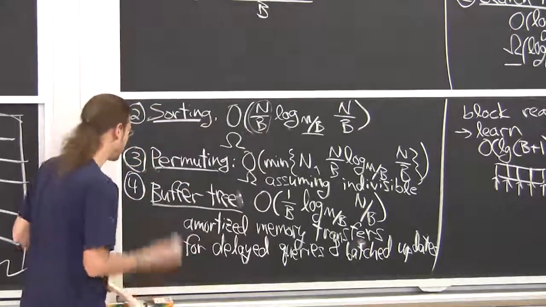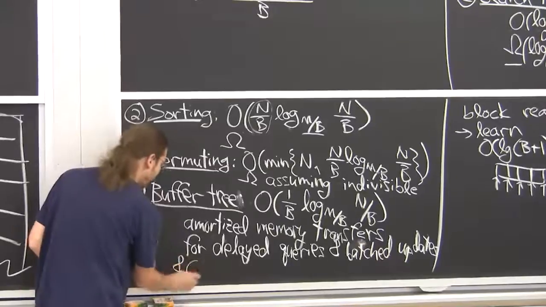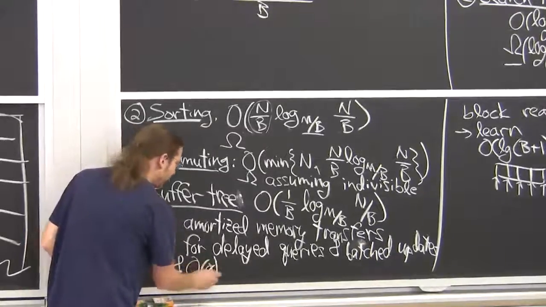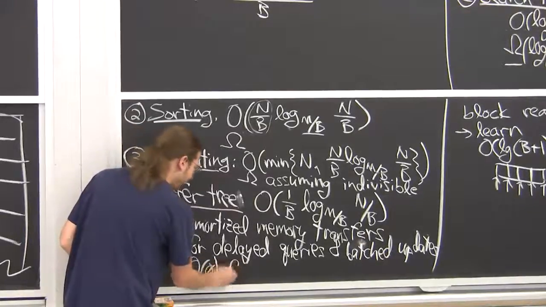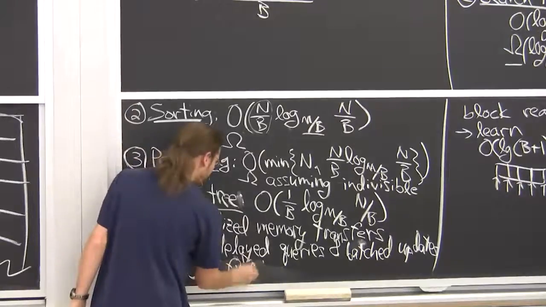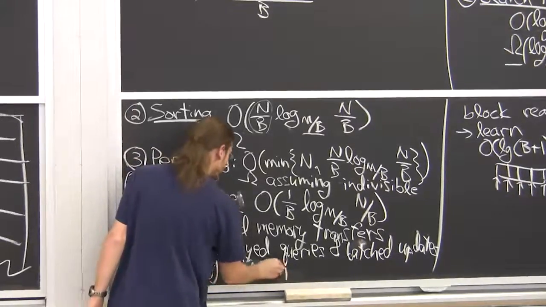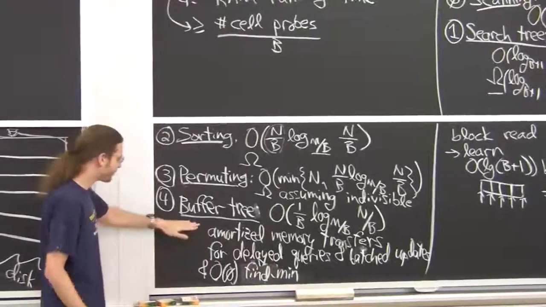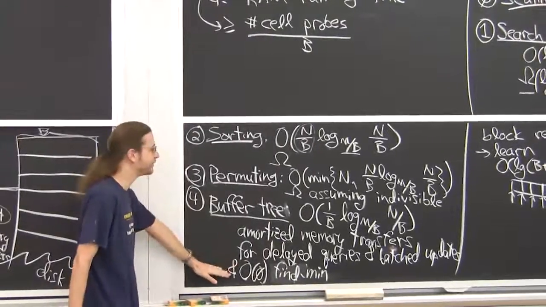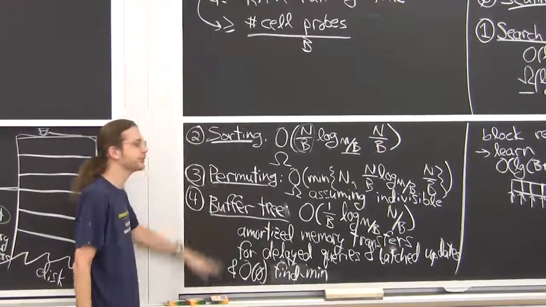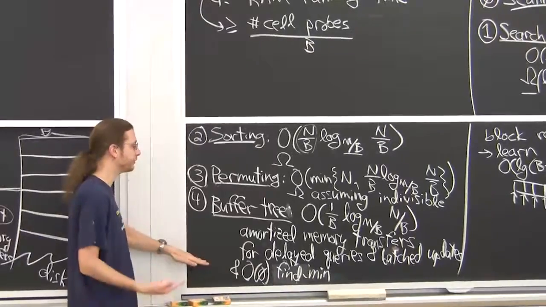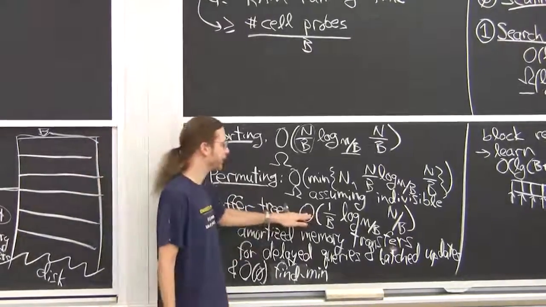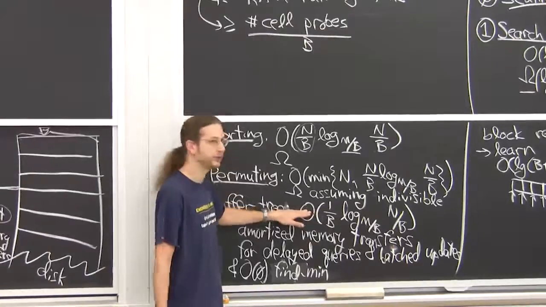The one thing you can get for free is a zero-cost find min. All right, so buffer tree, you can do find min instantaneously. It maintains the min all the time. So this lets you do a priority queue. You can do insert and delete min in this much time online.